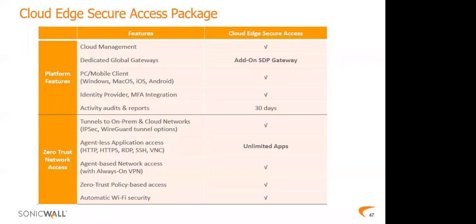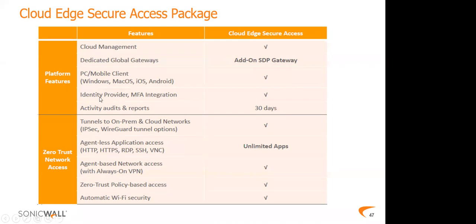So for licensing and platform features, because Cloud Edge is in the cloud, it has cloud management and dedicated global gateways. For the PC or mobile client, you can use Windows, macOS, iOS, and Android.